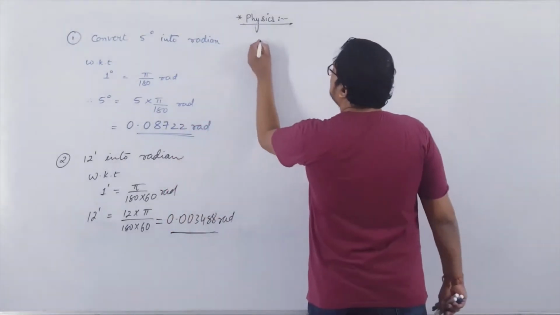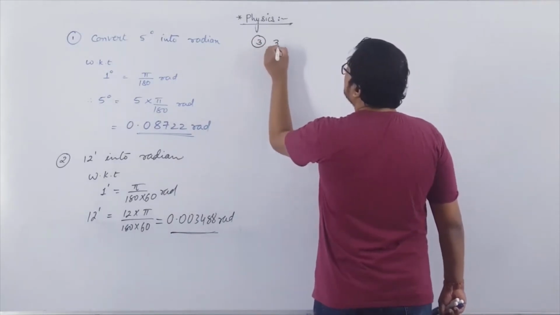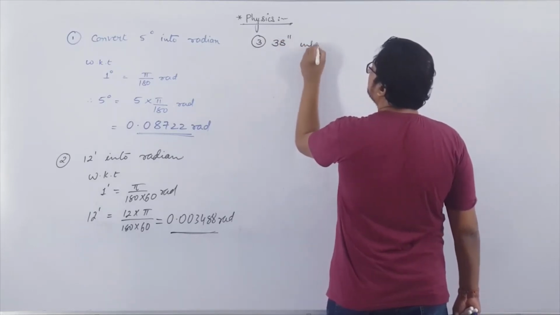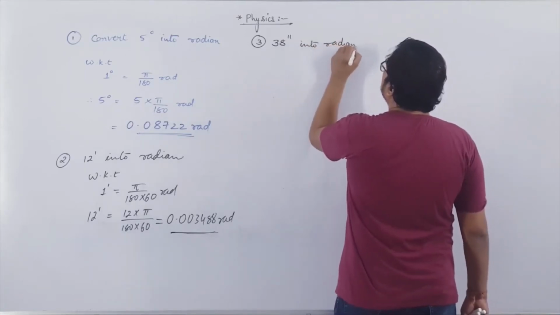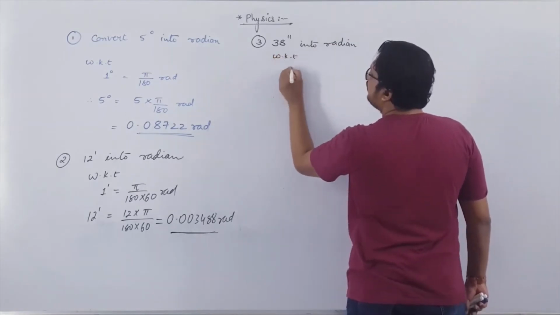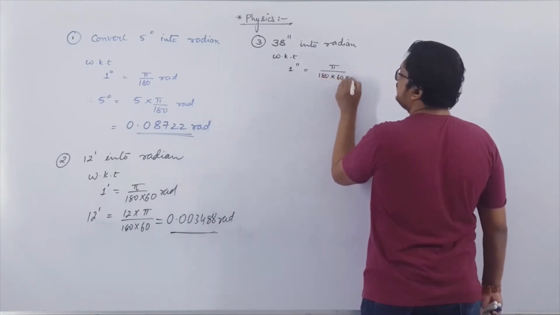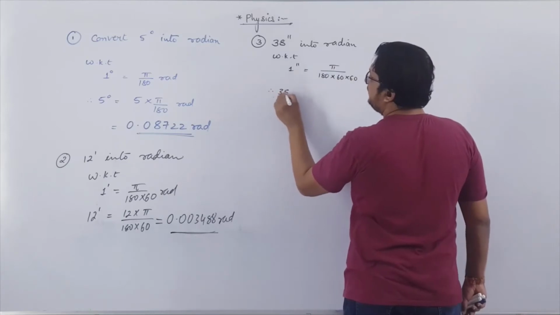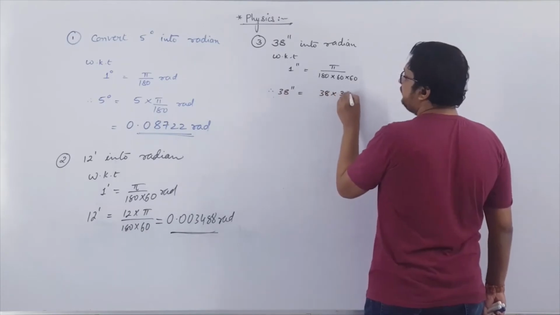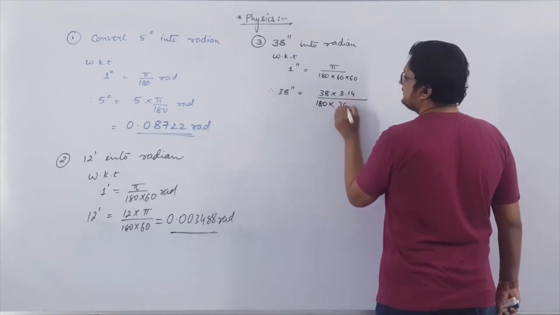Now let us take another example in which we will convert second into radian. Let us say we have 38 seconds. Convert 38 seconds into radian. Again, we know that 1 second is pi by 180 into 60 into 60. So 38 seconds will be equal to 38 into, instead of pi we write 3.14, divided by 180 into 3600.